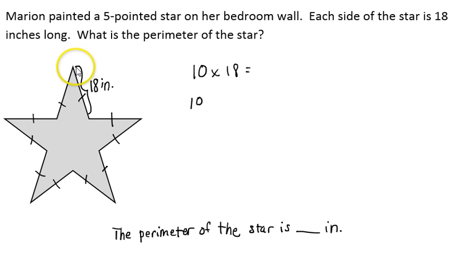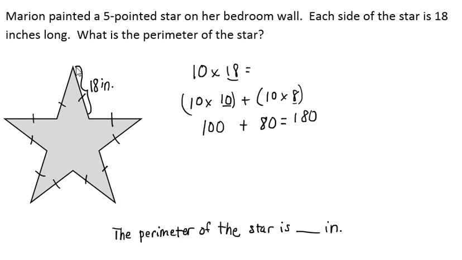Or I can take 10 times 10 and 10 times 8 and combine those, since the 10 and the 8 make the 18. 10 times 10 is 100. 10 times 8 is 80. That means that the perimeter of the star is 180 inches.